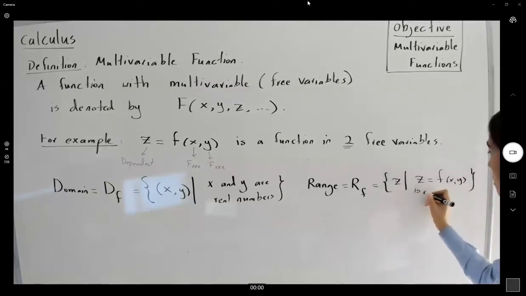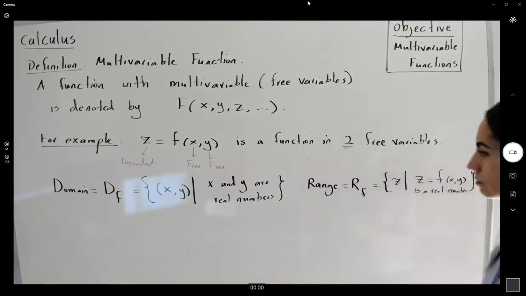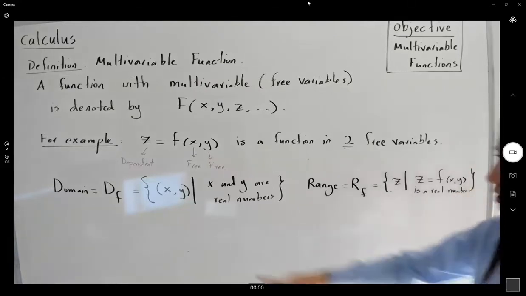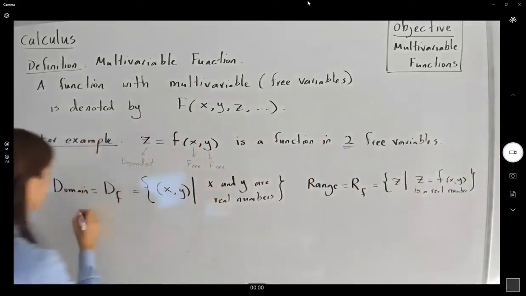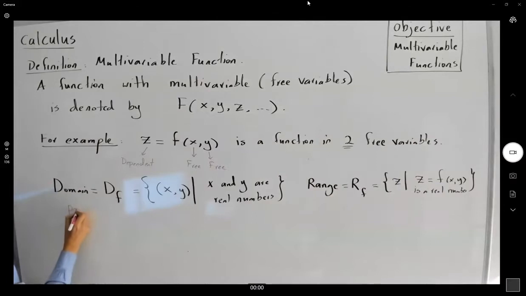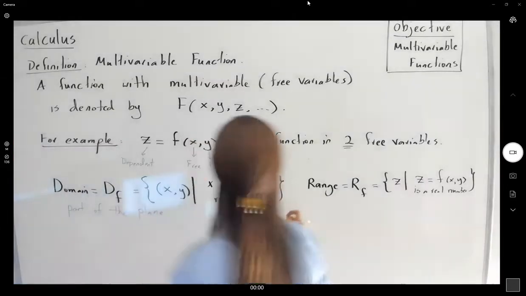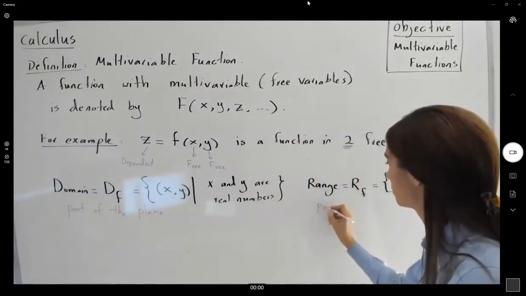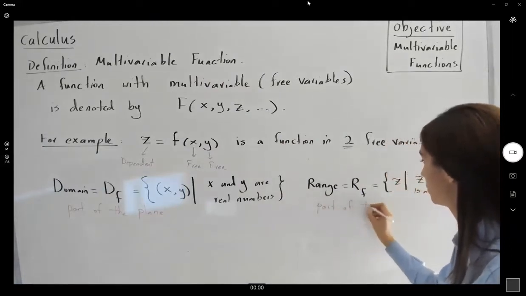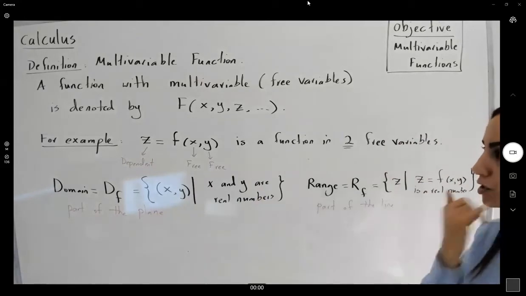Z is a real number. The domain is part of the plane. Range is part of the line. That's the difference between the domain and range.